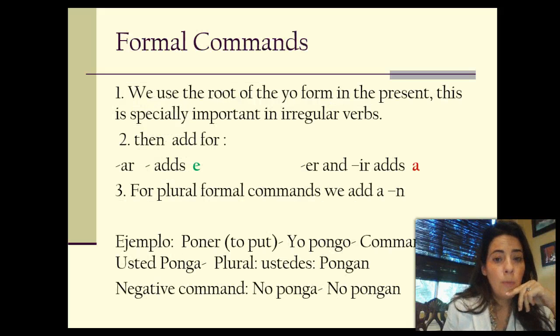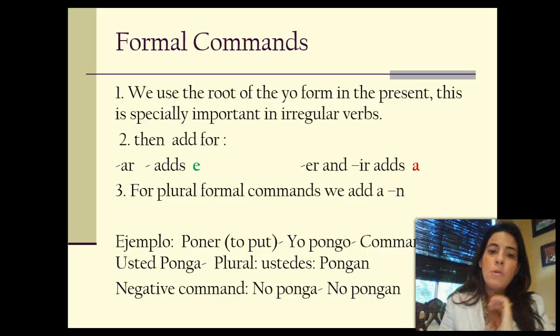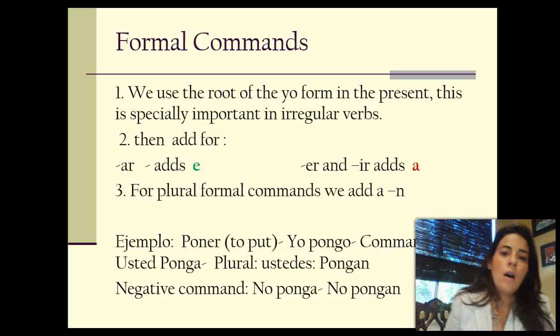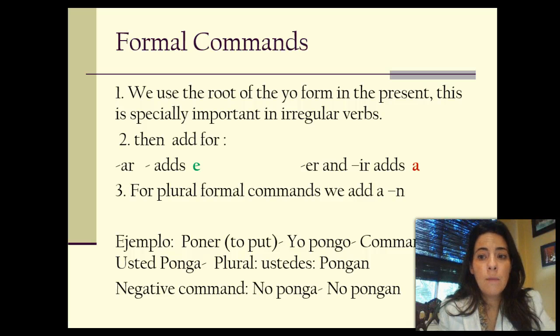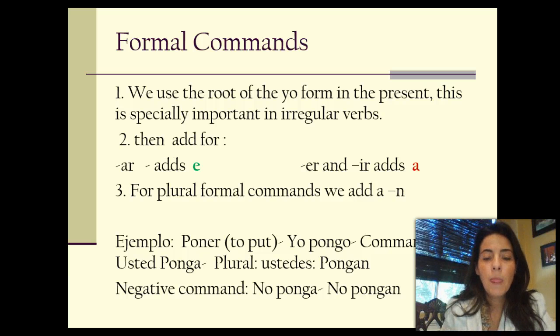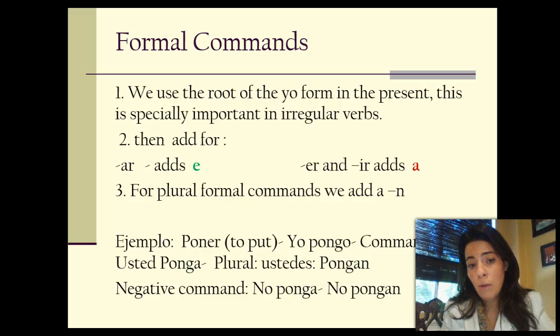So for formal commands, and this is a review we have seen before, how do we do those formal commands? Remember, those are for the usted form, and we use the root of the yo form in the present. Okay, so you're gonna get this stem from the yo form in the present. And remember, this is really important, especially with irregular verbs.